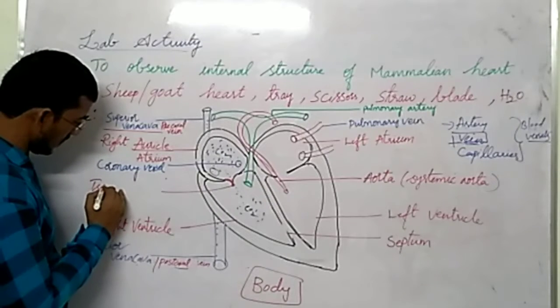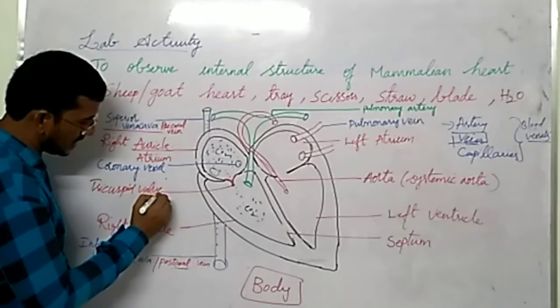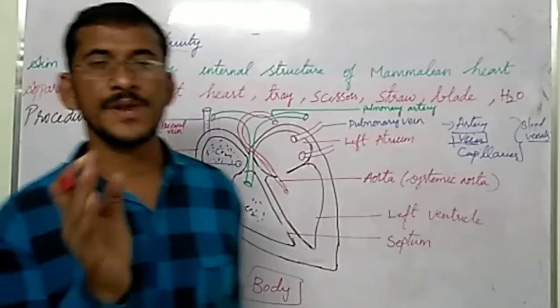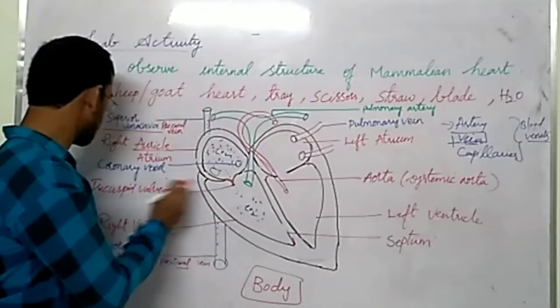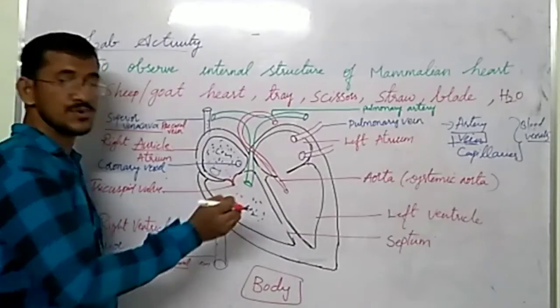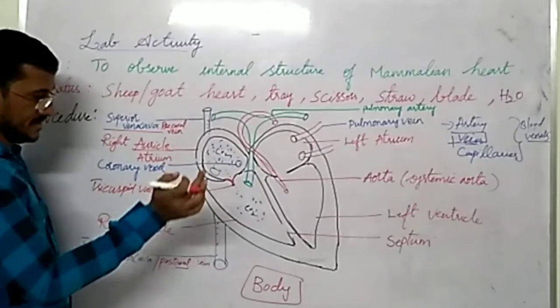This valve is going to prevent the backflow of the blood. So immediately the tricuspid valve closes, and blood will not enter into the right atrium.